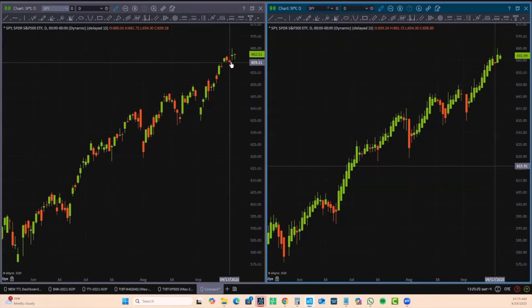It's red because the closing price is below the opening price. It's got some wicks on it showing the high and low of the day. So pretty straightforward with normal candles, and very similar to what you see called OHLC charts, which are not candles, but just a bar that shows the same thing with open, close, high and low.